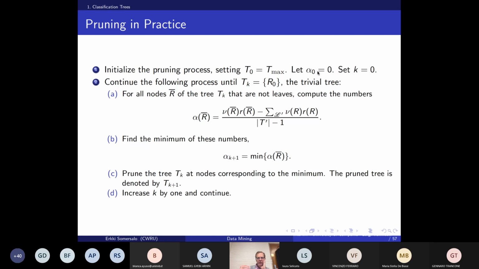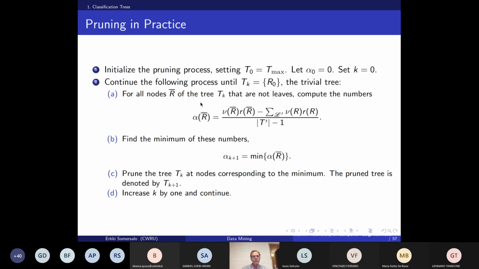So this is the initial discrete value of alpha that I'm considering, and then I set my counter k to equal 0, and then I continue pruning. So I'm creating a sequence of pruned trees, tk, and I'm continuing until I have a trivial tree so that my tk is simply the root node. So I just keep cutting until I only have one single rectangle, which is the original rectangle, which is the root.